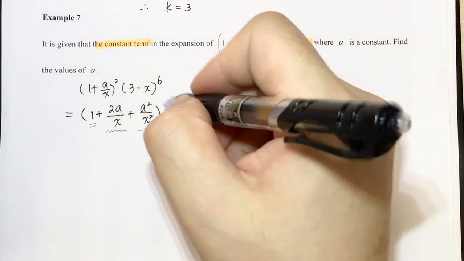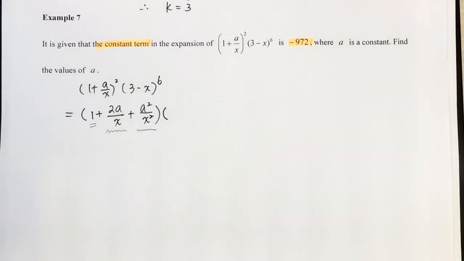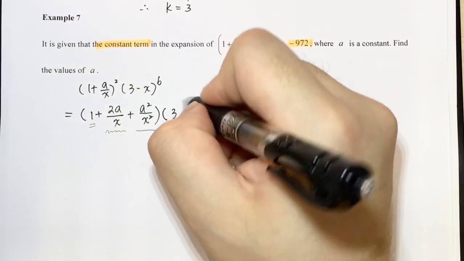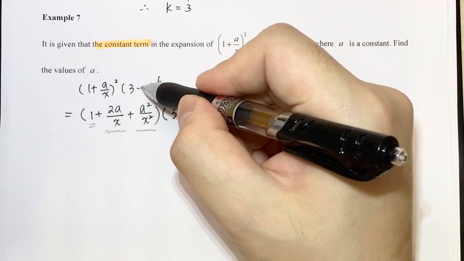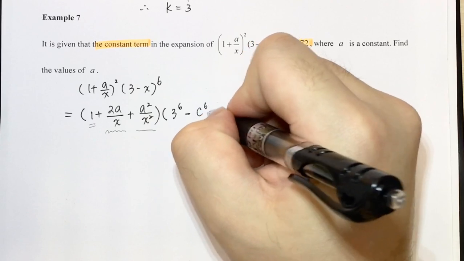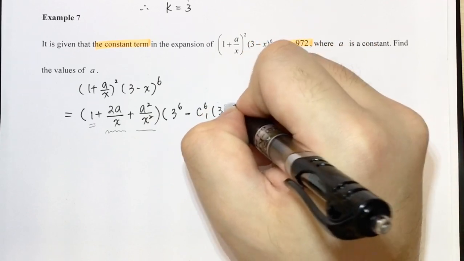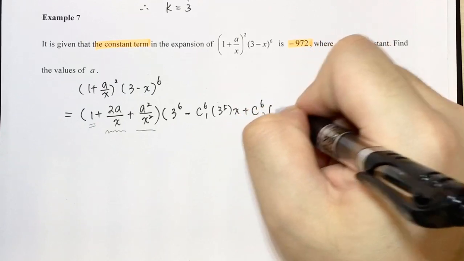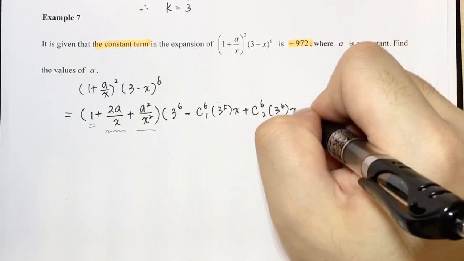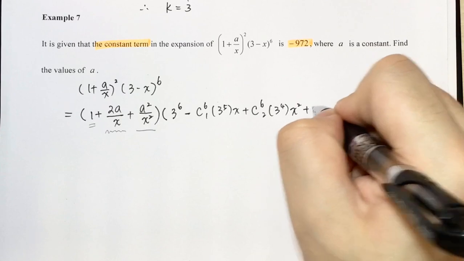And so we just need to expand it by 3 to the power of 6 minus, because there's a subtraction here, 6C1 3 to the power of 5 x plus 6C2 3 to the power of 4 x squared plus dot dot dot.